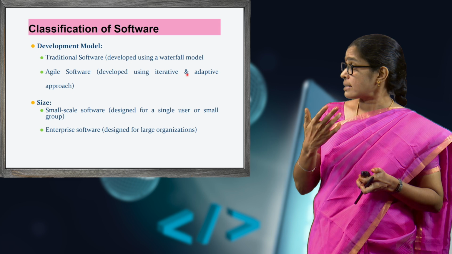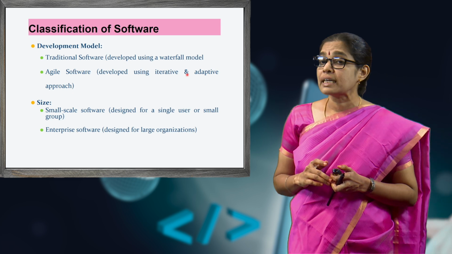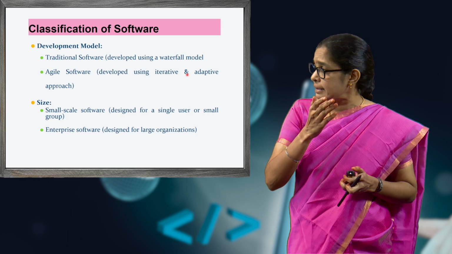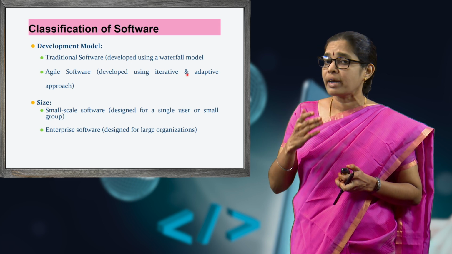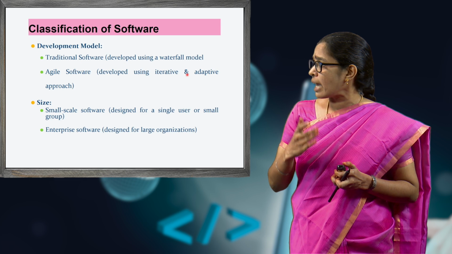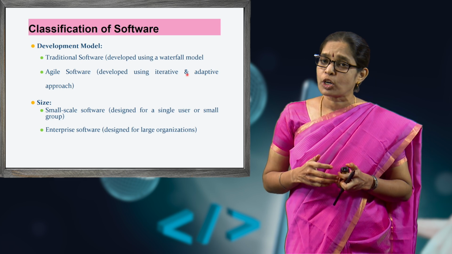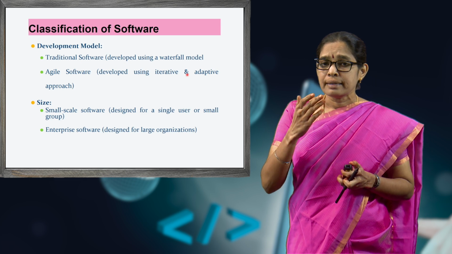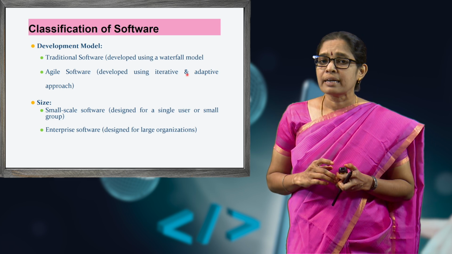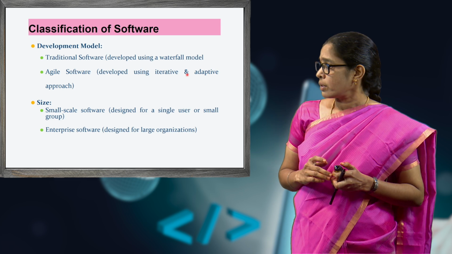Then the next terminology is development model. We can develop either traditional software or agile software. The traditional software can be designed using the waterfall model. Then agile can be developed using an iterative and adaptive approach.